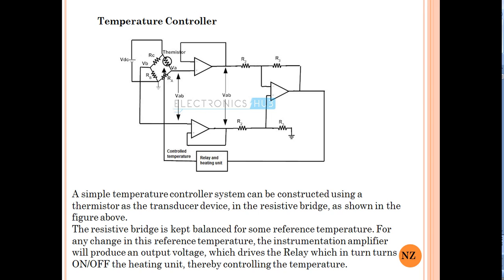The relay circuit can be switched on and off depending on the temperature control. So for any change in the temperature, the instrumentation amplifier will produce an output voltage which will drive the relay circuit. It can be a simple switch that turns the heating unit on and off, thereby controlling the temperature. So this is the temperature controller.